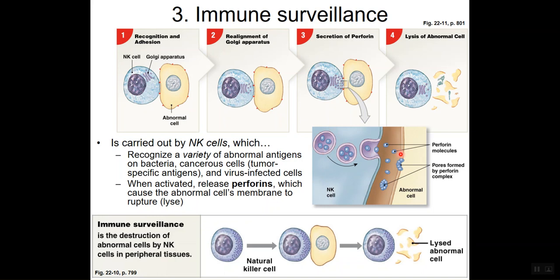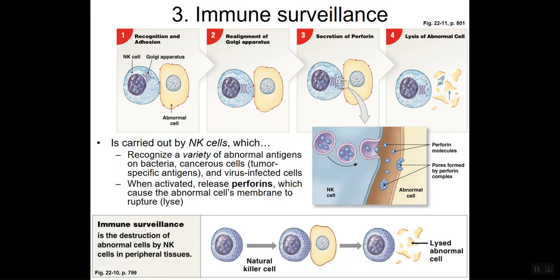These perforins will actually latch onto the target cell's membrane and spontaneously form pores, little holes. Now when you form these little pores, the bad cell that has been targeted here can no longer maintain osmotic balance. There's no way to keep water from really rushing in.